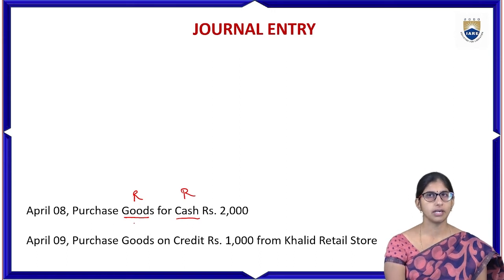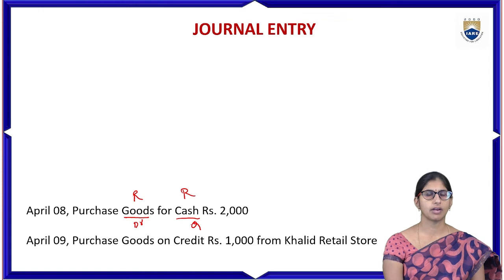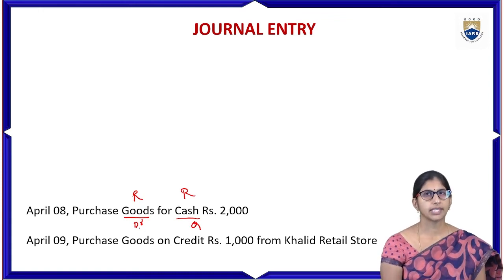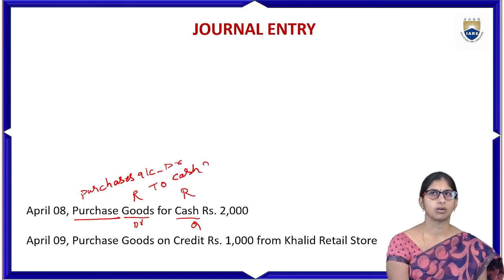So debit goods, because goods are coming into the business, and for whatever we have purchased, we have to pay some cash, so we have to credit cash. The entry can be goods account debtor to cash account in the journal, but we are not going to write it as goods account. We have to write it as purchases account debtor to cash account in the journal book.